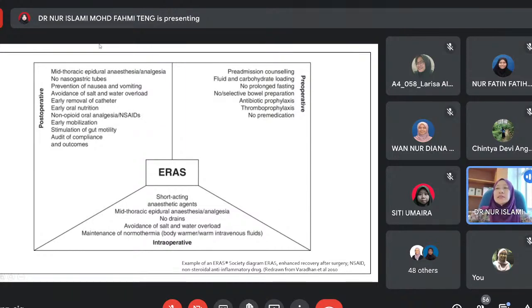So this is actually the ERAS protocol. What relates to us is the pre-operative carbohydrate loading and no prolonged fasting, and post-operative early oral nutrition, prevention of nausea and vomiting, and also no NGT. So we are happy with this ERAS protocol, because it really supports us as dietitians, okay.